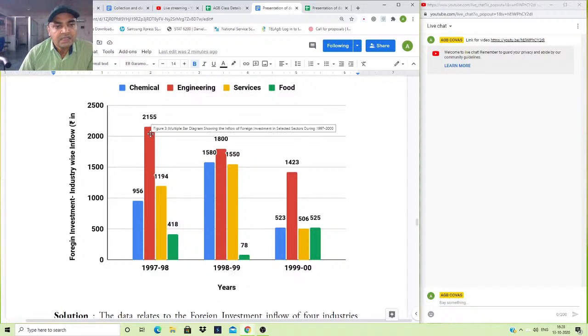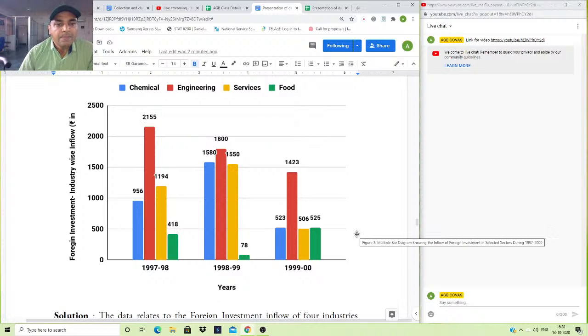Although you will see that there is a decreasing trend in engineering, whereas there is an increasing trend in the chemical industry from 1997-98 to 1998-99. Similarly, an increasing trend has been obtained in the service industry and a decreasing trend in the food industry.